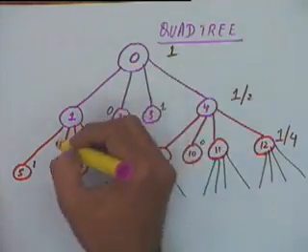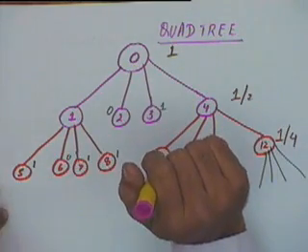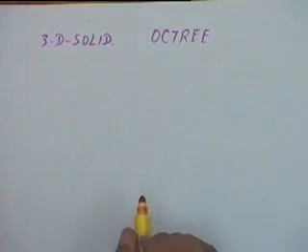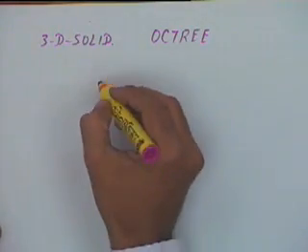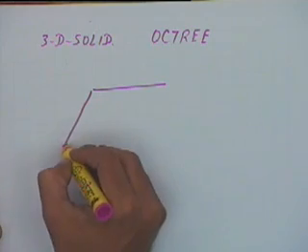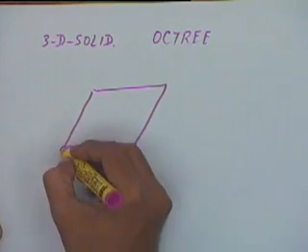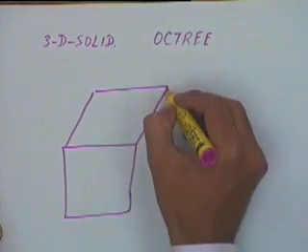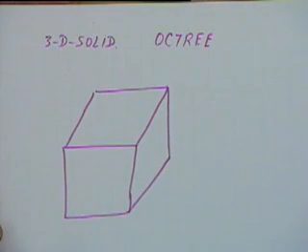Now if we go into 3 dimensions, instead of a unit square, we will talk of a unit cube, and this unit cube will be divided into 8 portions.